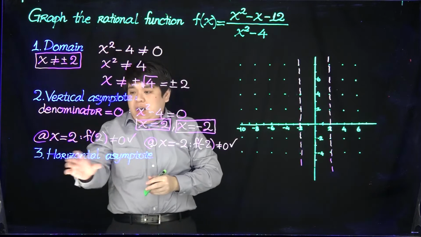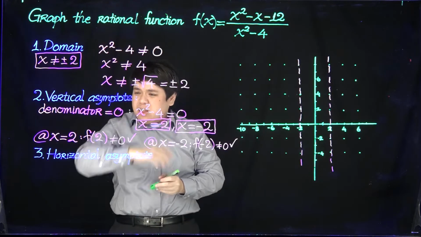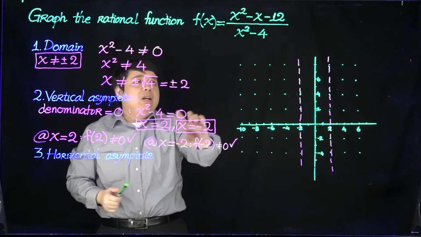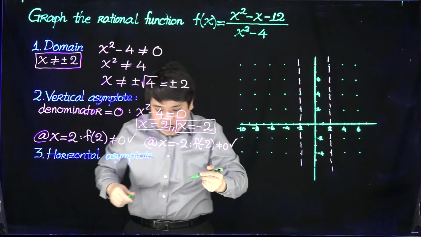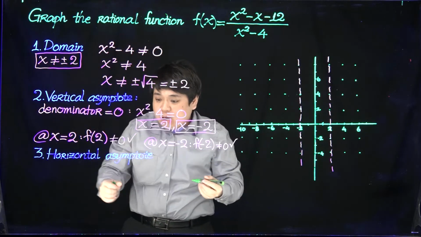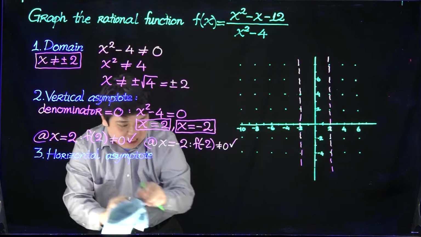Next, the horizontal asymptotes. This is done completely differently. We base it on the degree on the top and the degree at the bottom. If you look somewhere online, there will be an acronym for this.